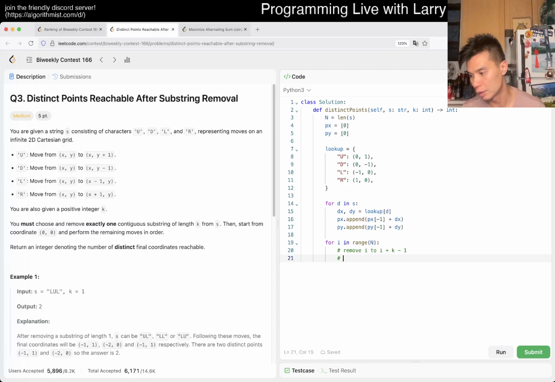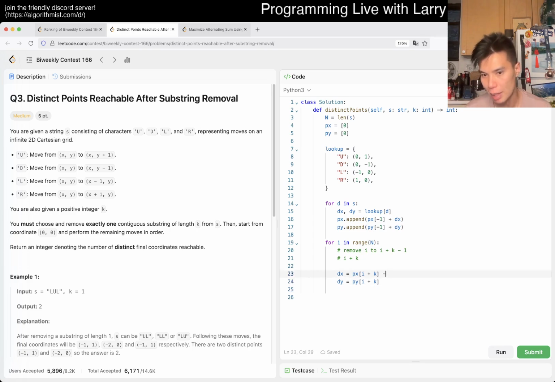So which means that it is going to be the index at I plus k minus 1, so dx is equal to px of I plus k, I think. I hope this is right. I mean, it's way easier to do off by 1. I know the math is right, but I'm trying to make sure that I don't get off by 1.